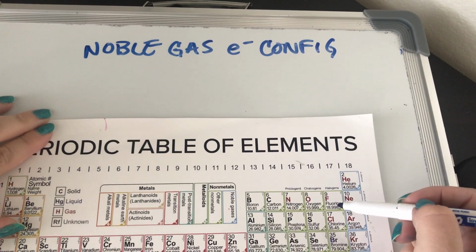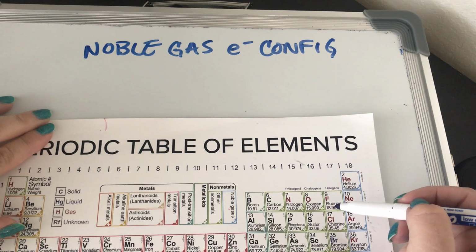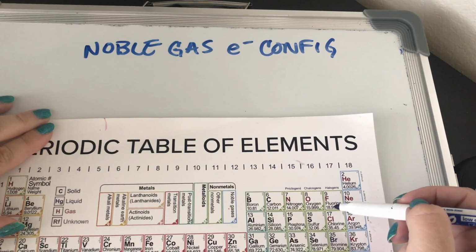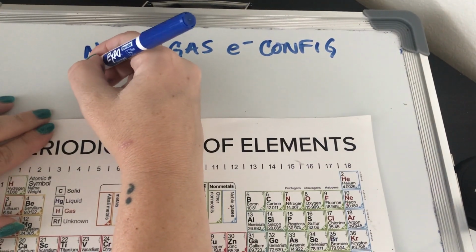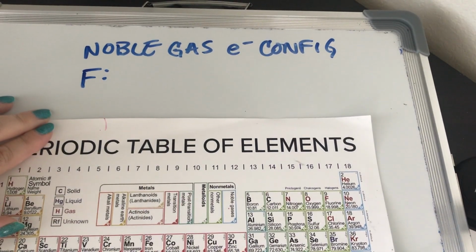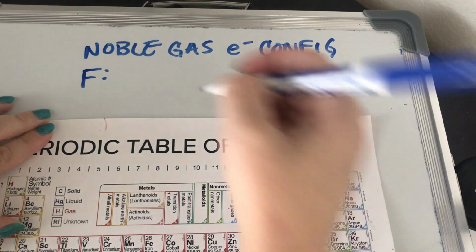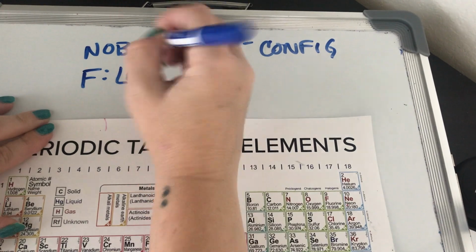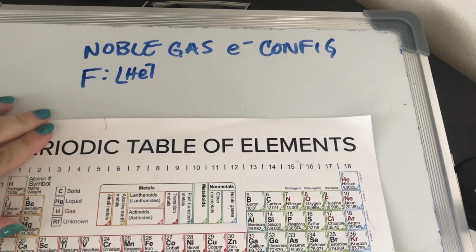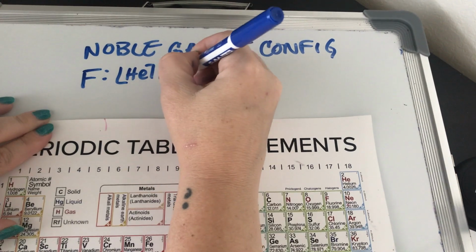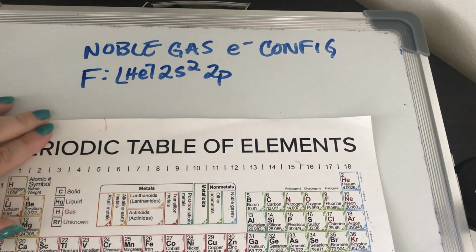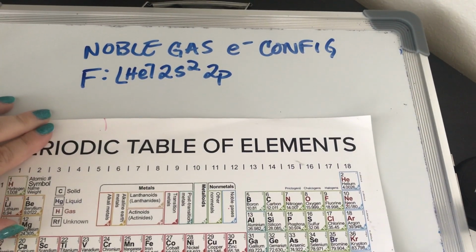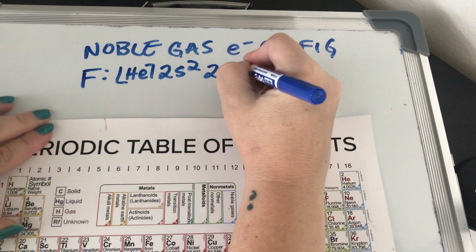So if I'm talking about fluorine, how many electrons do I need to gain to get to noble gas electron configuration? 1, right? So if I look at the electron configuration for fluorine, I have helium as my abbreviation. It's not much of an abbreviation at this point. I have 2s2, 2p5, right?